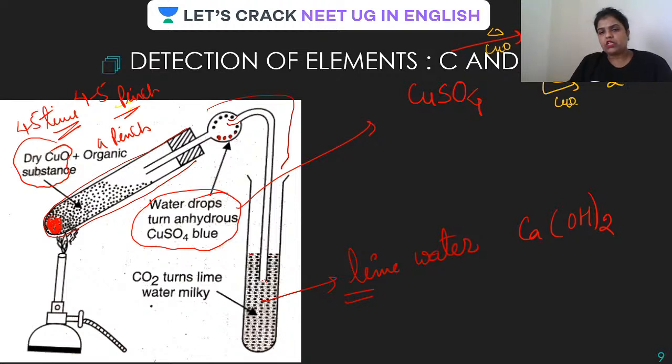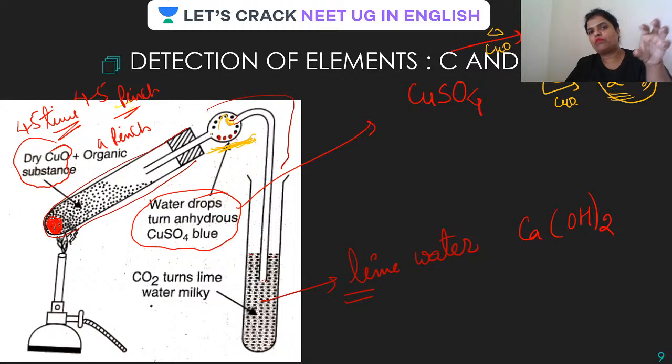So what happens when this H2O vapor passes by this trap or delivery tube? Because of the trap, the H2O gas is not able to pass straight away. They get trapped, and by the time they try to run away from here, they get condensed.